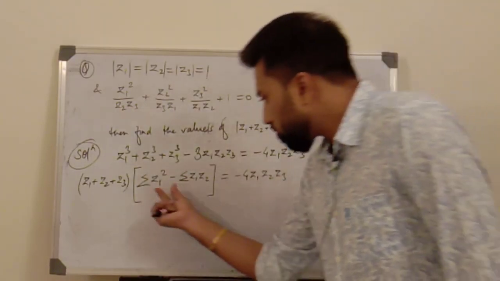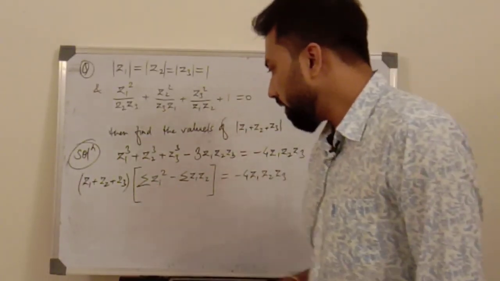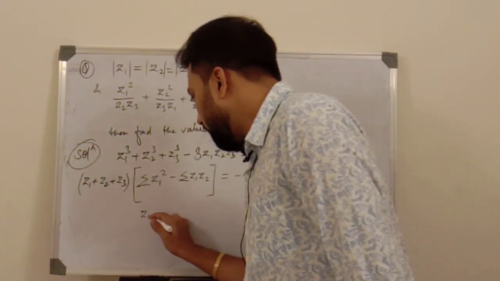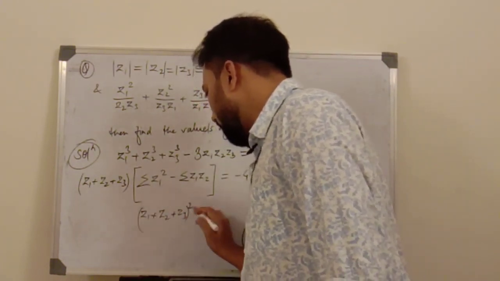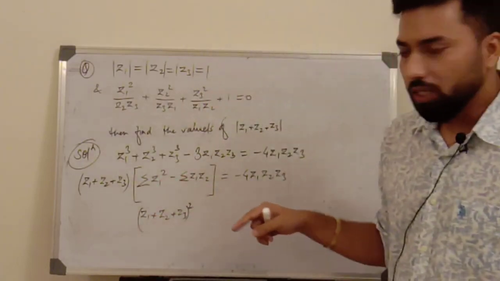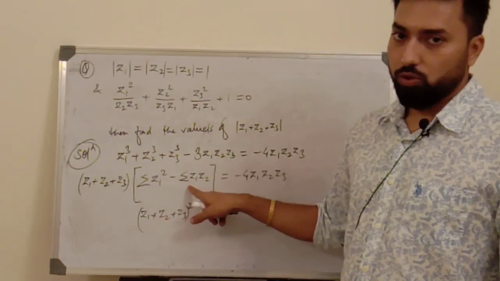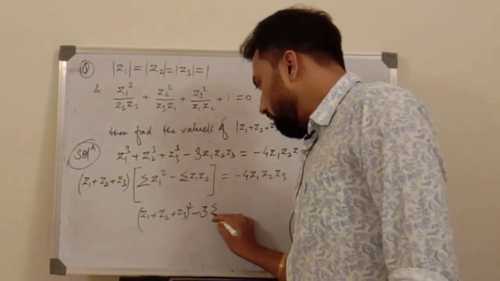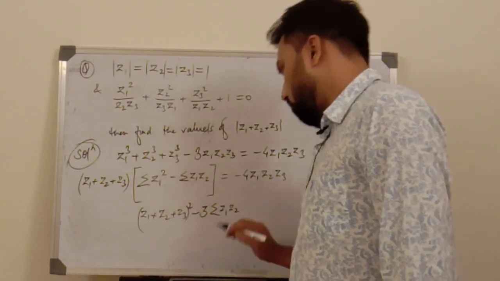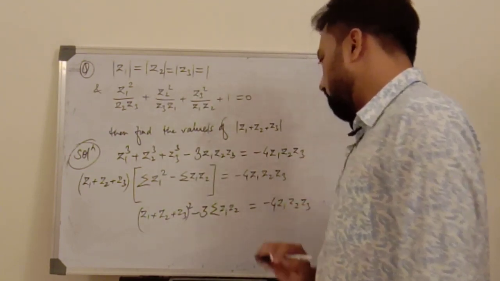Here also we can generate z1 plus z2 plus z3. Square terms are there, so we can write z1 plus z2 plus z3 whole square, then minus 2 times sigma z1 z2 gets generated over here. Minus 1 is already there, so the total becomes minus 3 sigma z1 z2, equal to minus 4 z1 z2 z3.